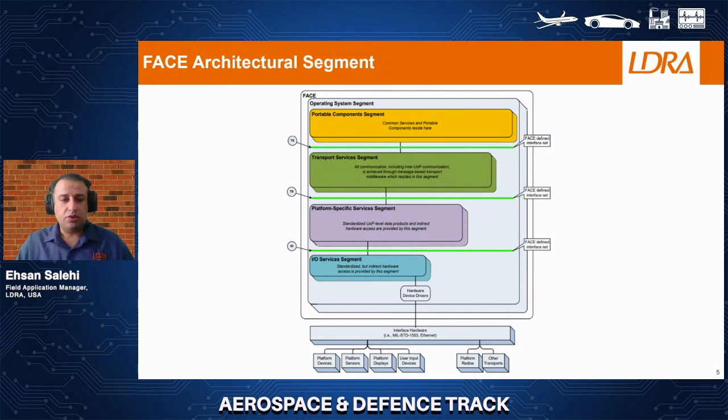The transport segment is used as a means of communication of data between all the portable components and all the platform-specific components, besides some exclusive exceptions, which we will talk about later. The I/O segment is responsible for communication between the operating systems and all the platform-specific segments.